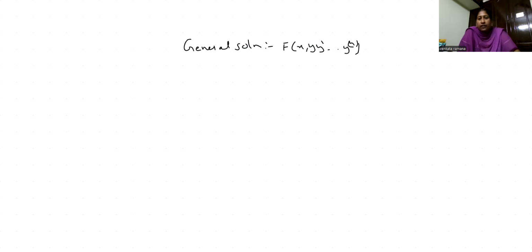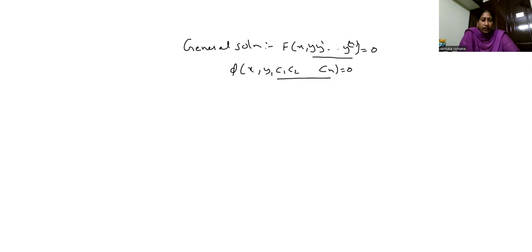For this differential equation we find a solution phi of x, y, and c1, c2, and so on up to cn, which are arbitrary constants. For n derivatives we have n arbitrary constants. So this is the general solution for the given differential equation.